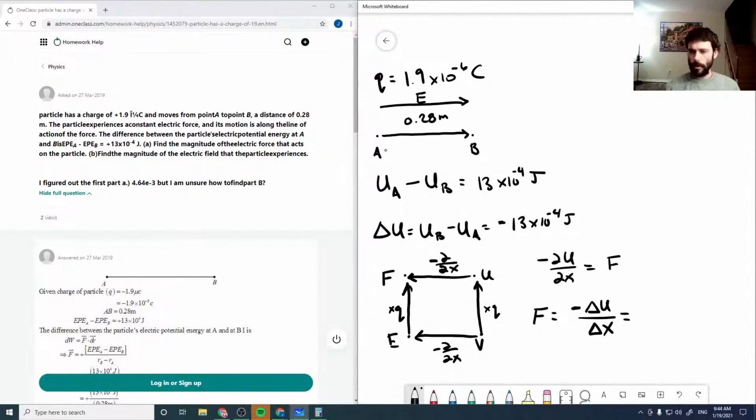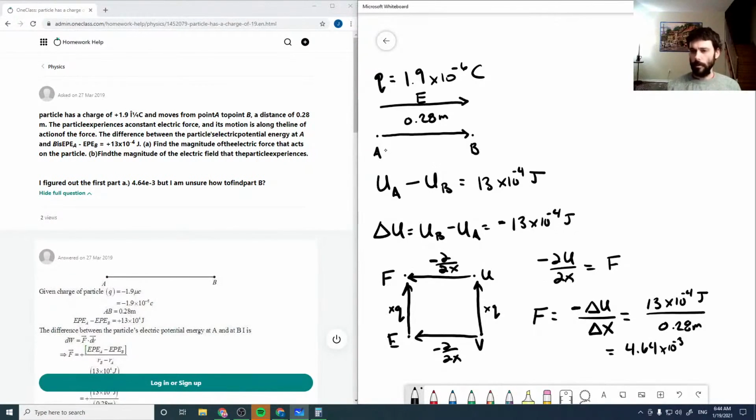In this case, it would just be 13 times 10 to the minus 4 joules over 0.28 meters, which comes out to be 4.64 times 10 to the minus 3.